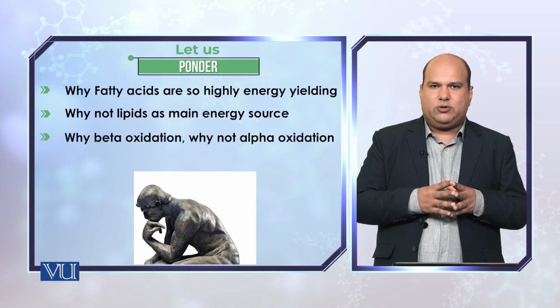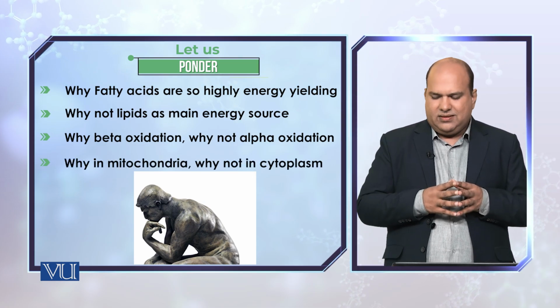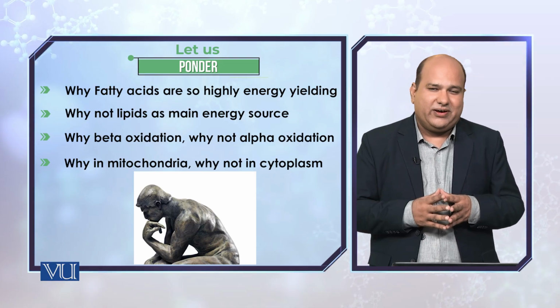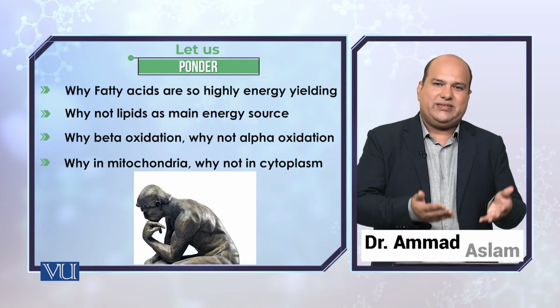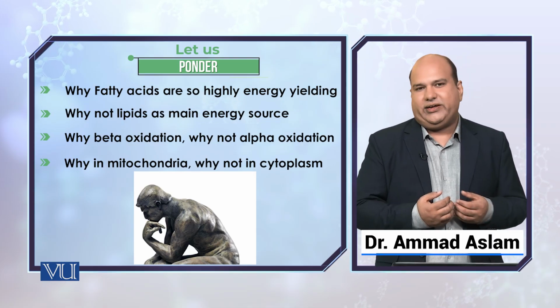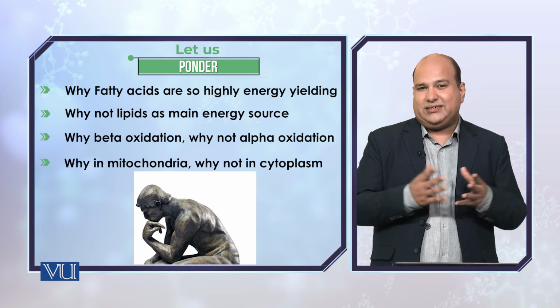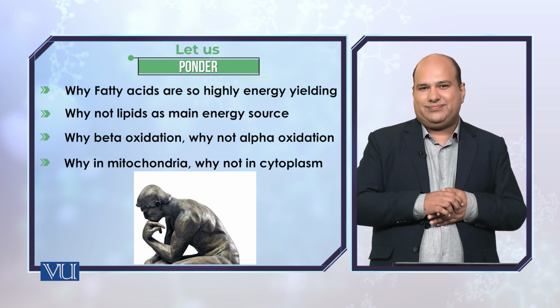What is so special about beta oxidation? Finally, and it's the easiest one by the way, why does this oxidation process take place in the mitochondria? Why not in the cytoplasm? Think about it. Let's see to what extent you can dig deeper. Thank you.